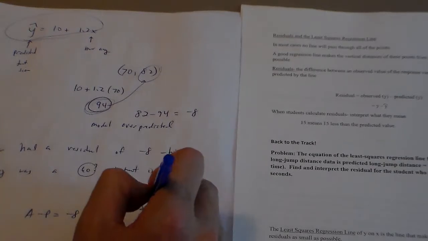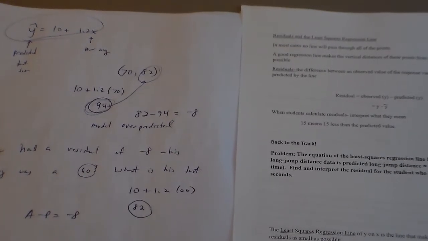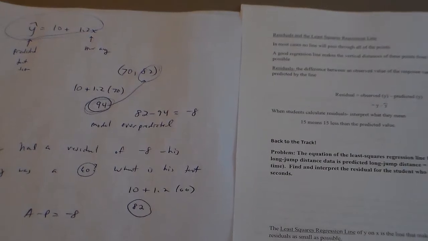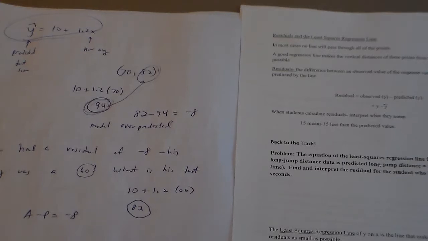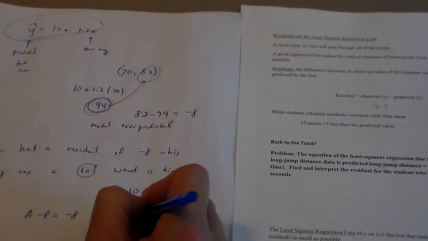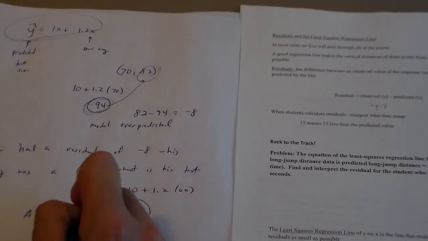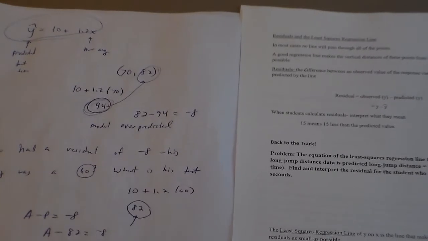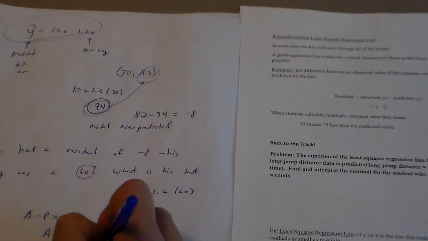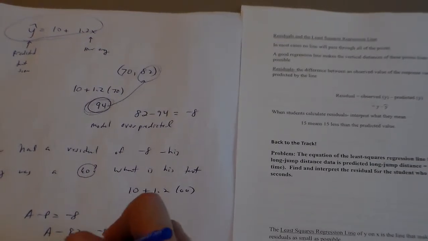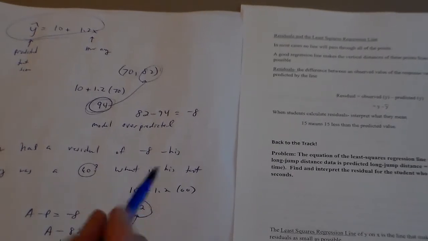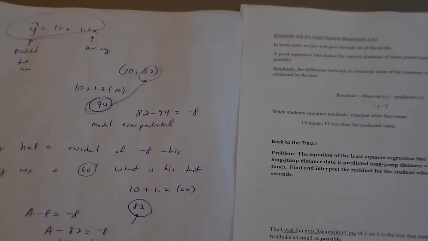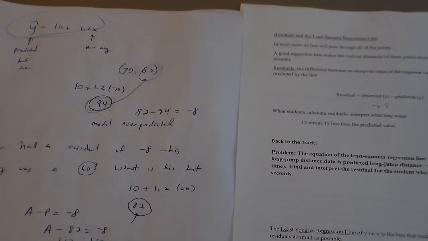So this is what he should have got based on the model. Now we say the actual minus predicted equals negative 8. So A minus 82 equals negative 8. If I add 82, I get A equals 74. So his actual was a 74. That is how you find residuals.